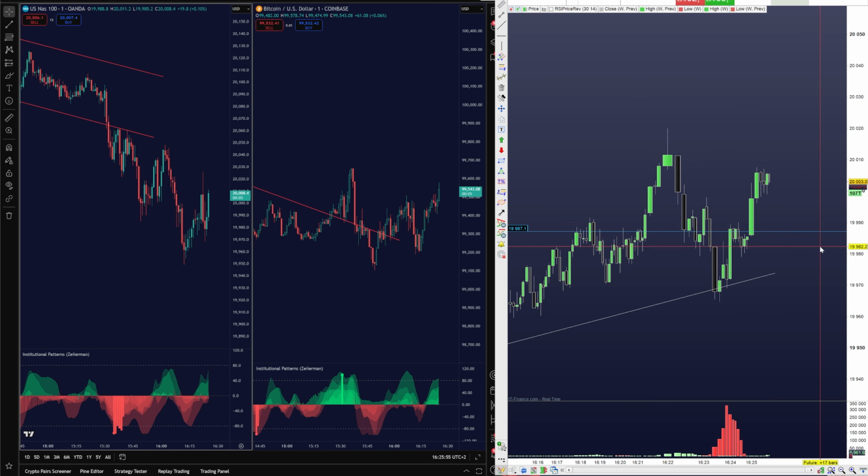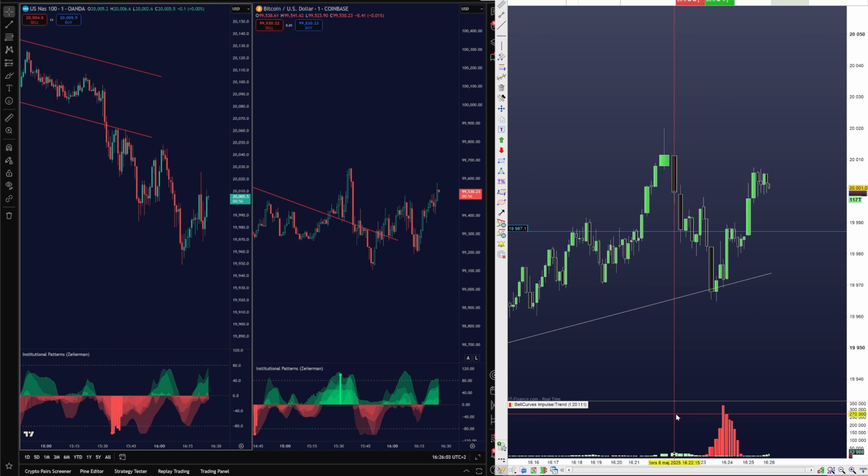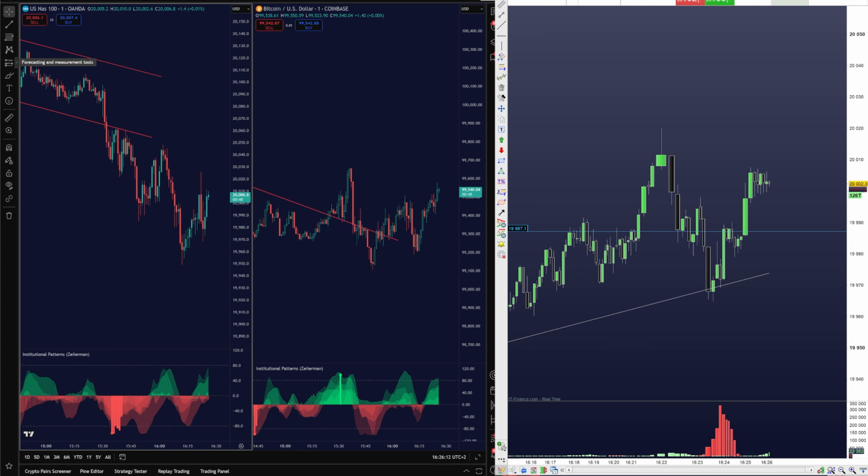So make sure to trail your position around these levels, and if you don't see that the momentum continues in the direction you have taken your trade, consider closing that position in a small profit or in a small loss or at break even, because otherwise a counter move is highly likely. So I took my entry right there.